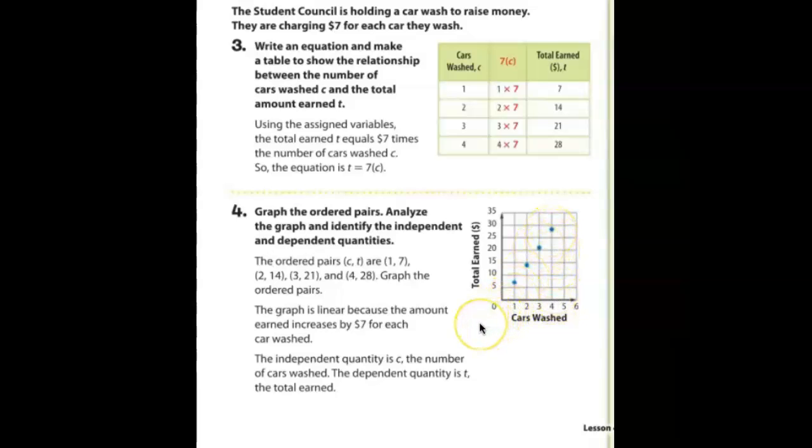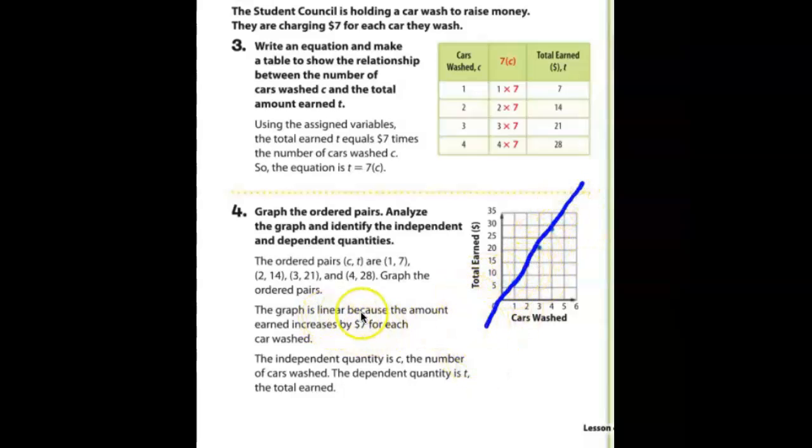So when we connect all of these together, it's going to ask us, okay, analyze the graph. What do you notice about the graph? So if we connect all these together, it's a line. That's supposed to be a straight line.